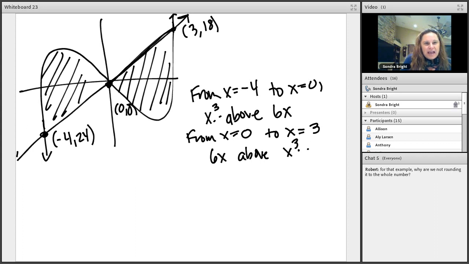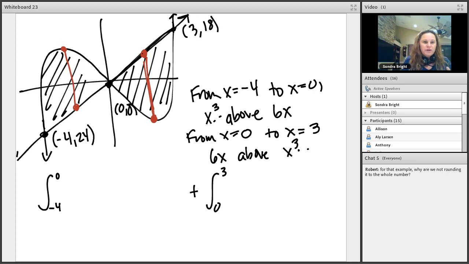You can think of it as drawing a rectangle: here your cubic's on top and the straight line's on the bottom. As you draw a rectangle here, the straight line, 6x, is on top, and the cubic's on the bottom. So that's why we're going to split this up into two separate integrals, where you're going to go from -4 to 0, and then plus from 0 to 3.